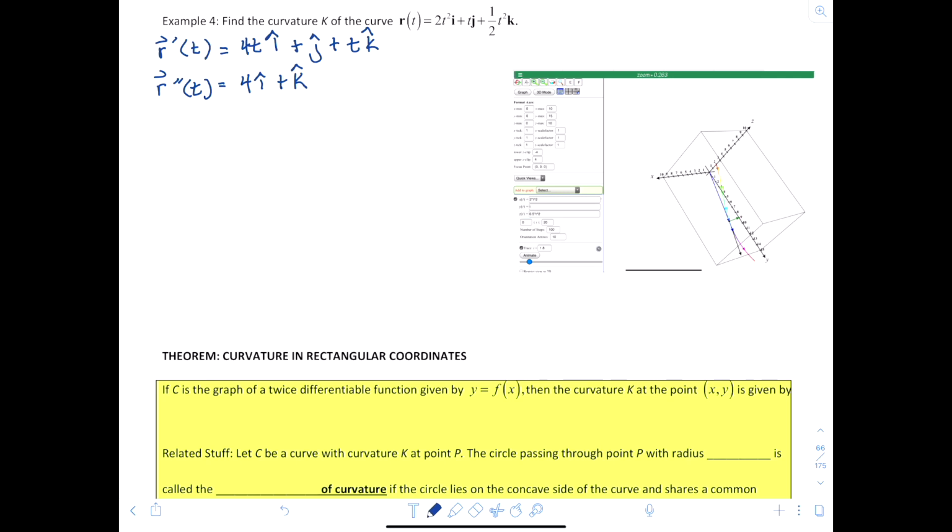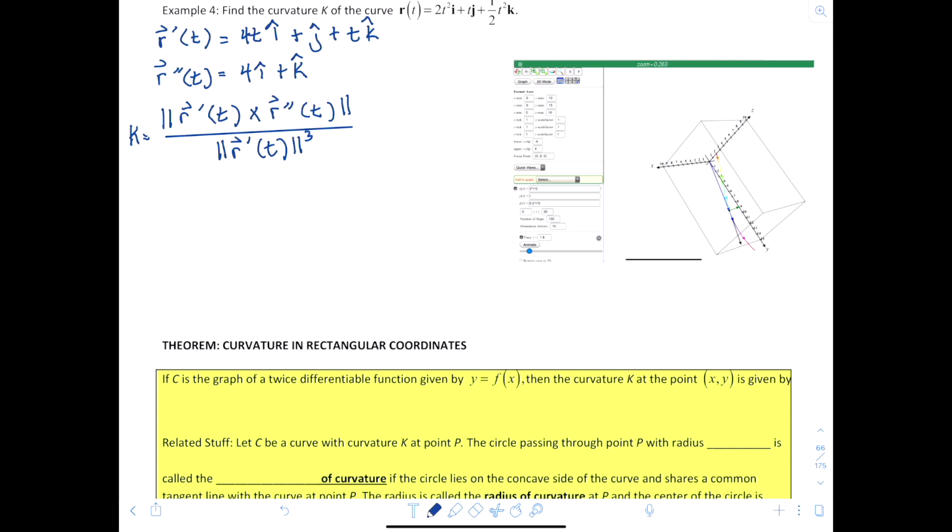Cool? All right, so the formula that we're using is that K equals the magnitude of R prime at t cross R double prime at t, all over the magnitude of R prime at t, that quantity cubed.